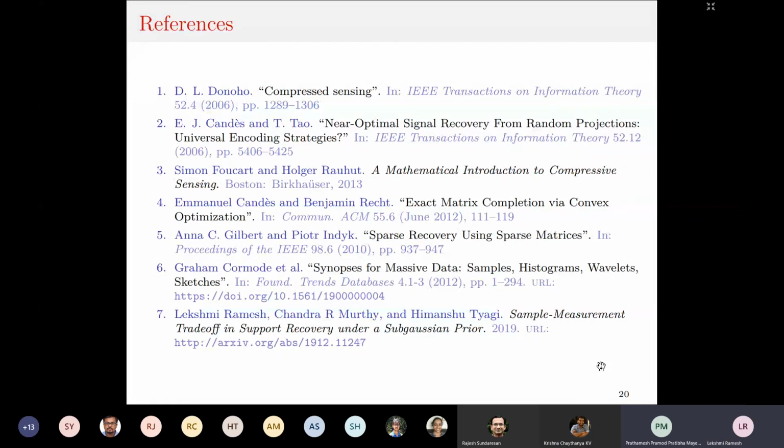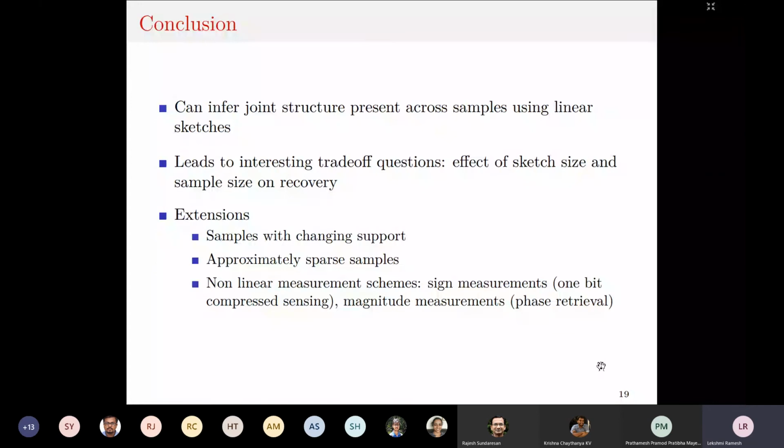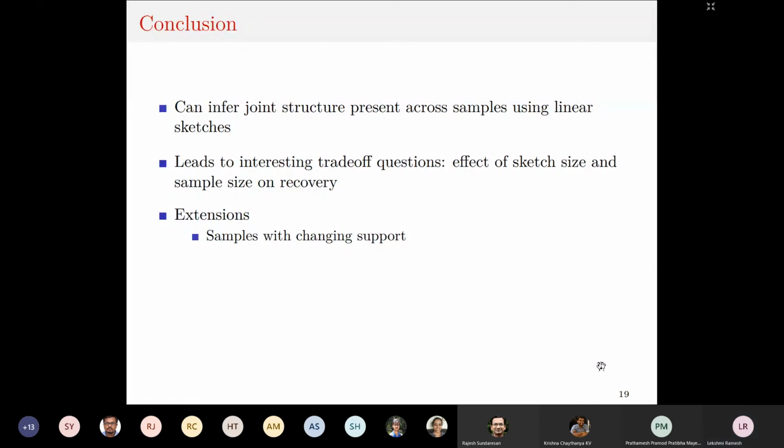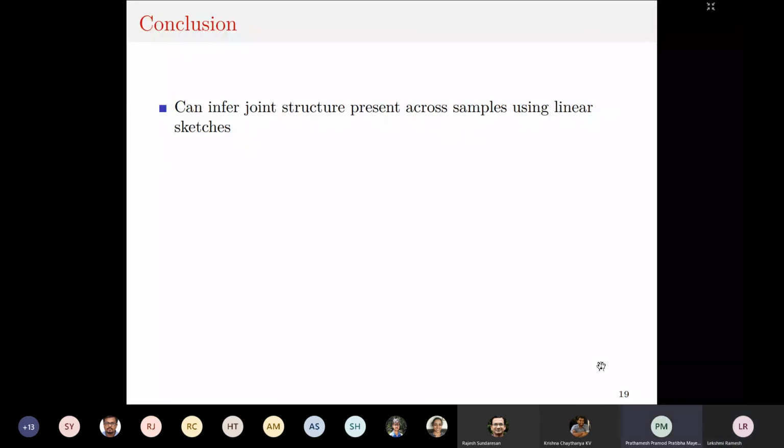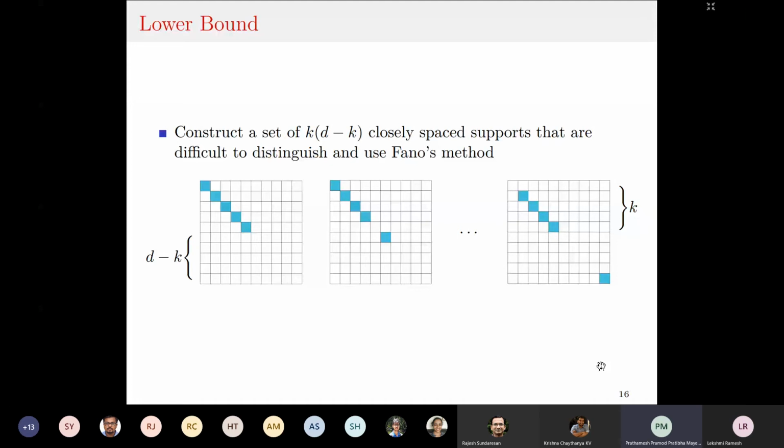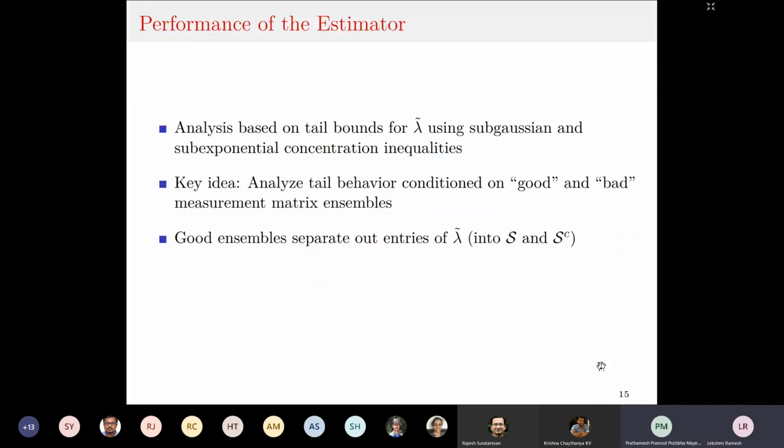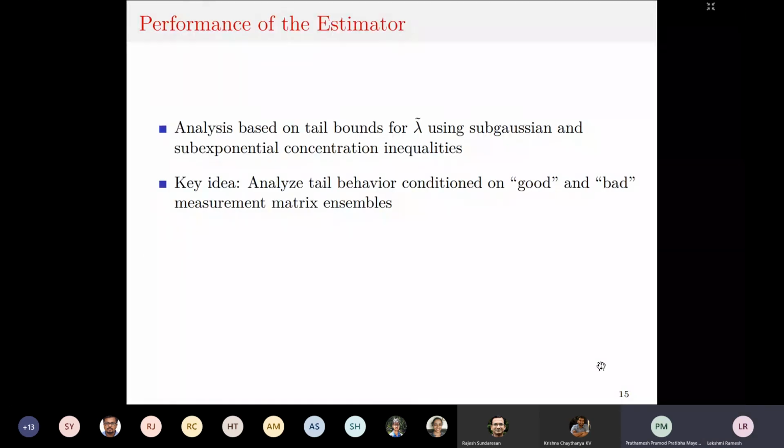So what we can show now is that if you have an upper bound on K, that works, even if the upper bound is significantly bigger than the support. Otherwise, it's not clear.